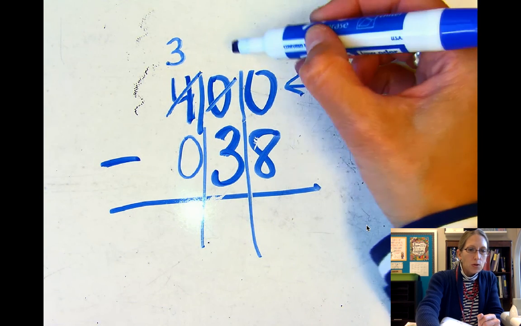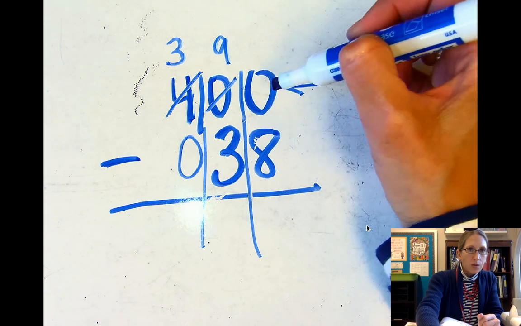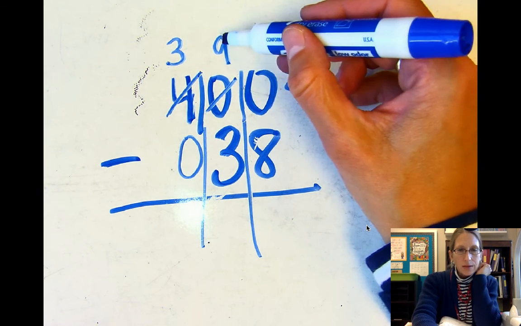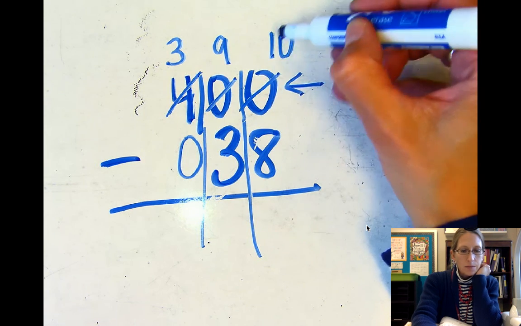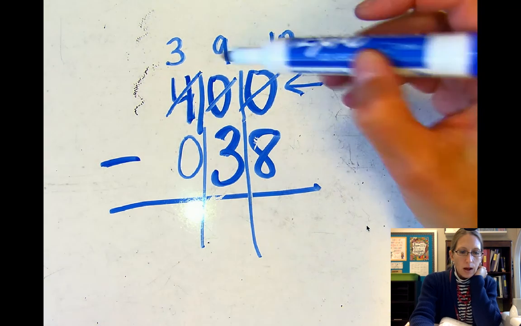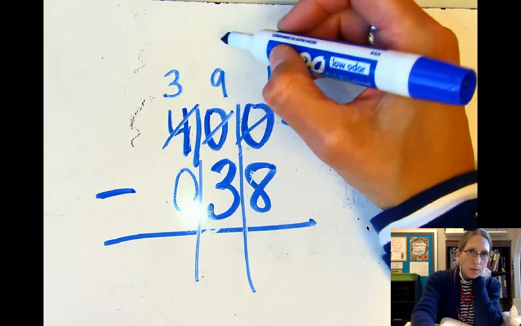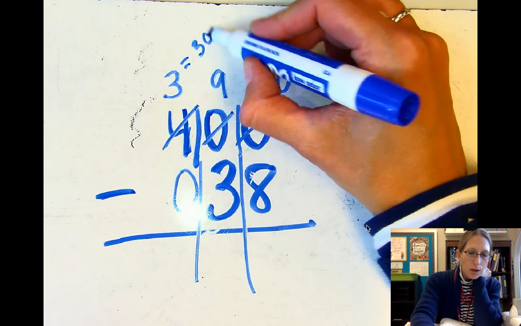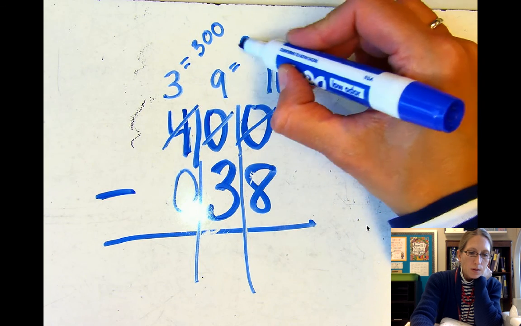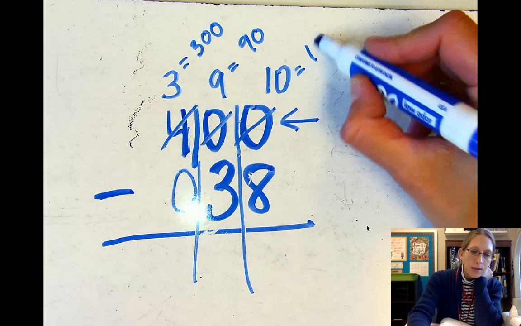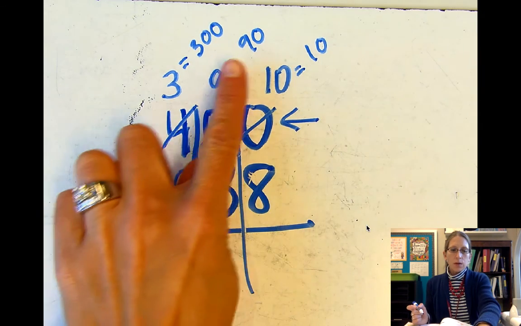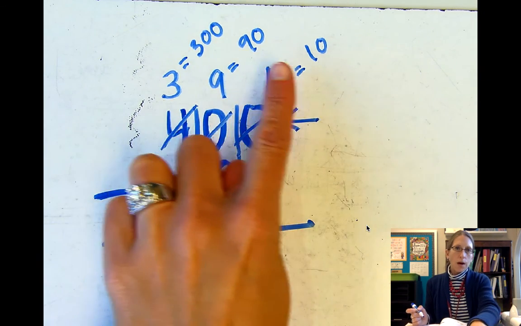And this is, again, the shortcut way. If it makes sense for you, you can do this. I'm going to make this a 9 and this a 10. Because then I know I'm renaming this to be 300, 90, and 10. Because 390 plus 10 makes 400.